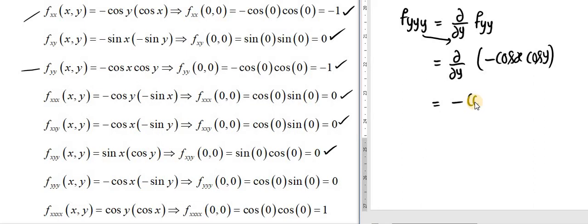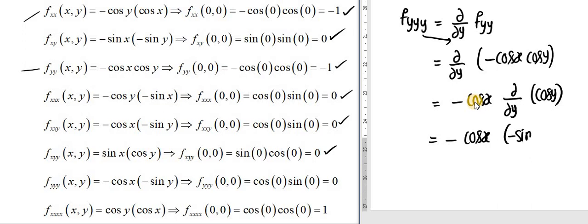So minus cos x I am putting outside because we are doing partial differentiation with respect to y. But we know the differentiation of cos y is minus sin y. Minus into minus is plus. Therefore, the value of f triple y is cos x into sin y.